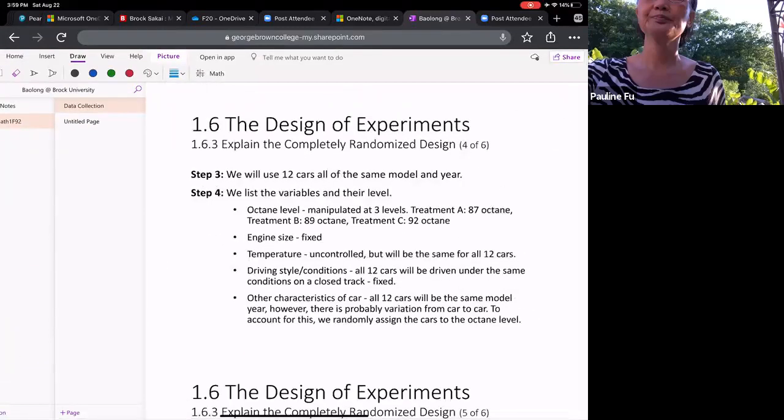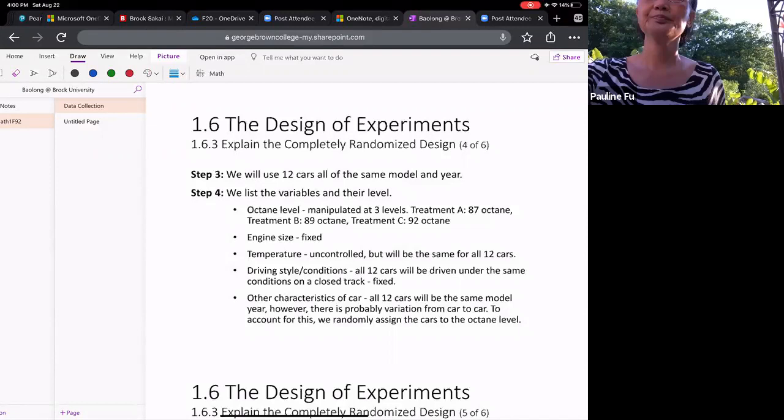We have octane level manipulated at 3 levels. Okay. Treatment, we have 3 treatments. Treatment A, 87 octane. Treatment B, 89 octane. Treatment 3, 92 octane. Engine size, we assume they all have the same engine size.